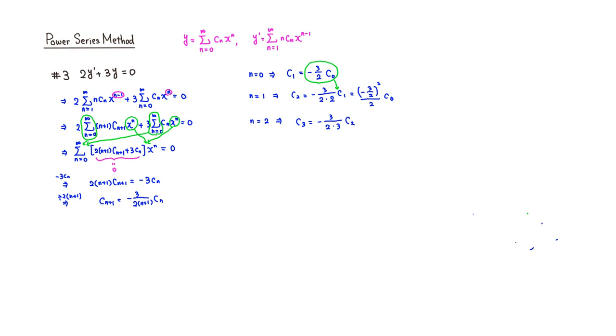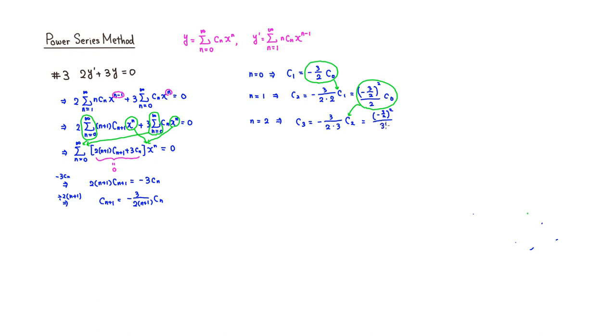But C2, we just found out, so I'm going to plug it in here. Then you see that you have another negative 3/2 over 2. Then you have 2 times 3, so I'm going to actually write the 2 times 3 as 3 factorial.